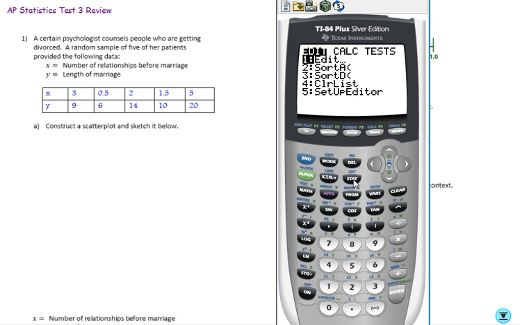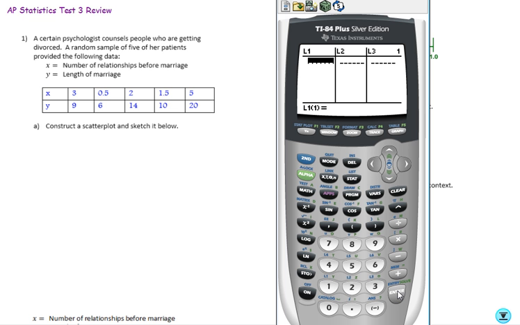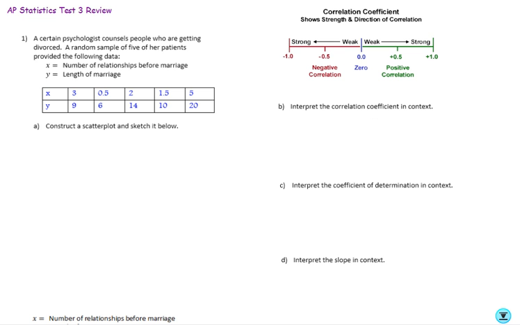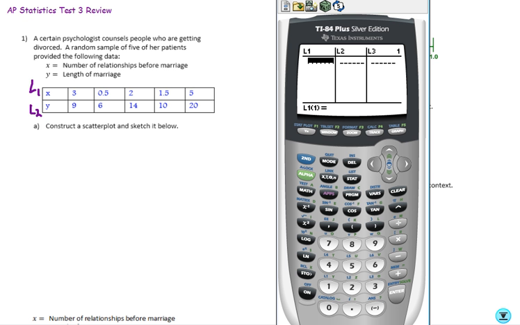Where we want to put in our numbers is we're going to go stat edit, and our x value is going to be our L1. So here's our L1, and then our y value is going to be our L2. Let's put in our x values. We've got 3, 0.5, 2, 1.5, and then 5.